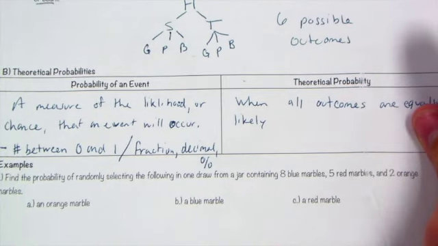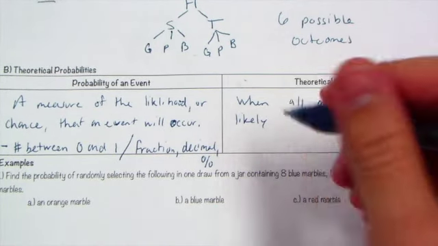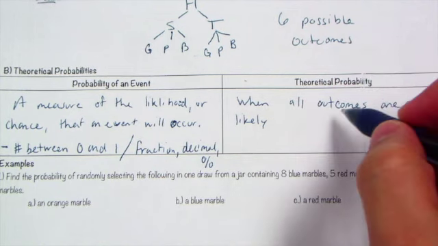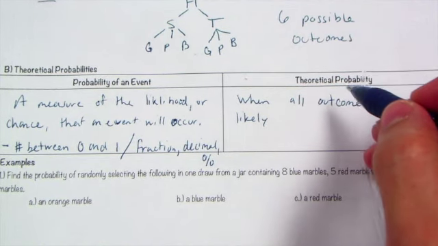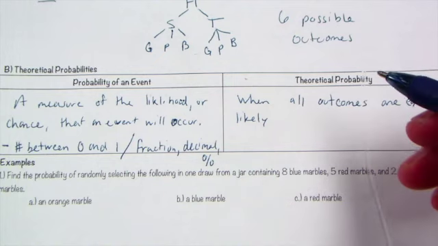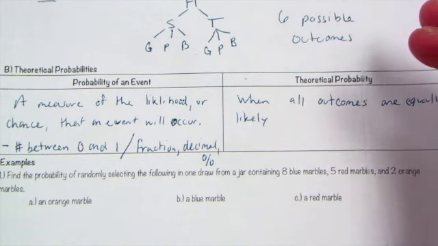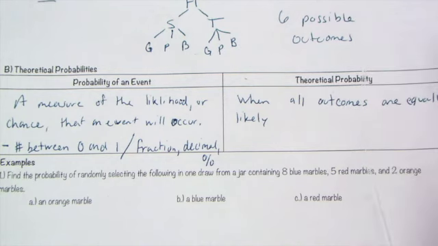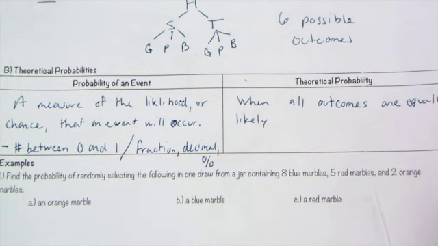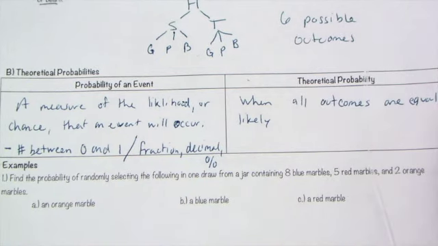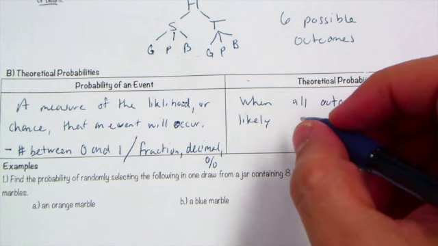All outcomes are equally likely, but you're like, well, wait a minute, that's not equal. What this means is that things are random. Like when I go to find the probability of getting a 9 in a deck of cards, I'm not any more likely to choose a different card. They're all random. You'll see what I mean a little bit later.